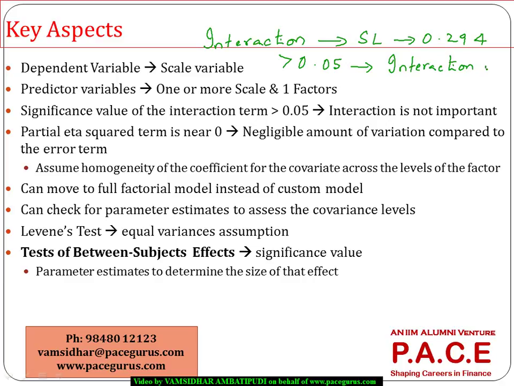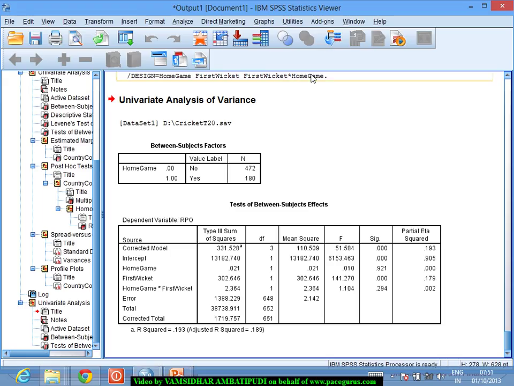In this case, the interaction between the first wicket partnership and the home or away game is not playing any significant influence, so we can ignore it in our further analysis. That gives me reason to remove it and then get into our ANOVA process.